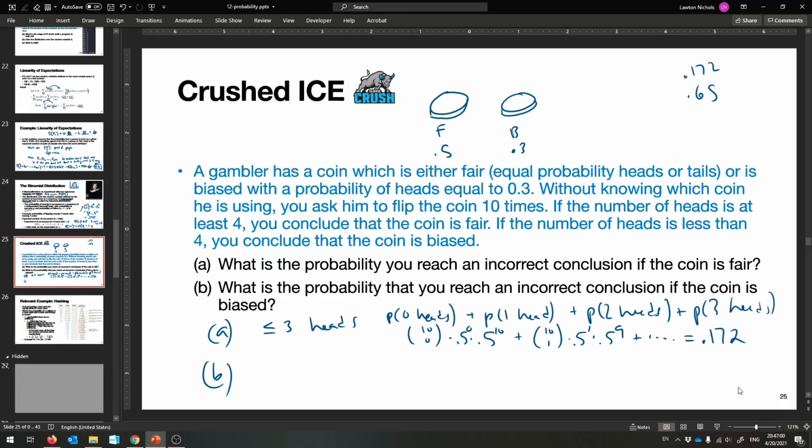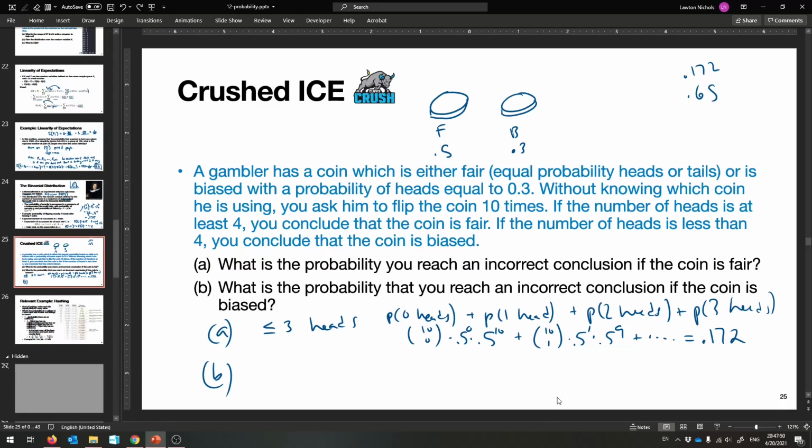And then we have the other side of the coin. Pun intended. We reached an incorrect conclusion and the coin was biased. That means we said it was fair. We thought it was fair because we saw at least 4 heads.